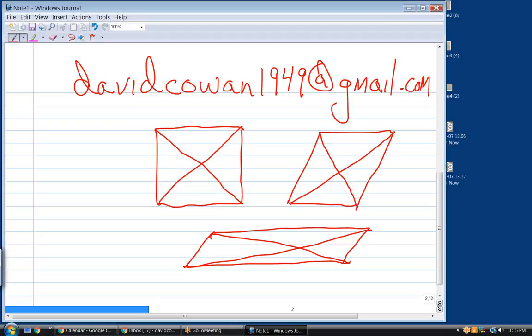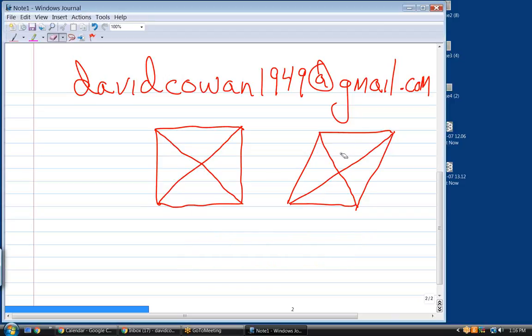Oh, excuse me. Hold on a second. A rhombus is not necessarily perpendicular. In other words, my rhombus could be this, and it looks like they might be perpendicular. And in fact, a diamond is a rhombus.